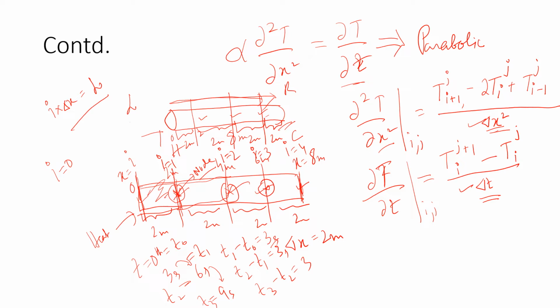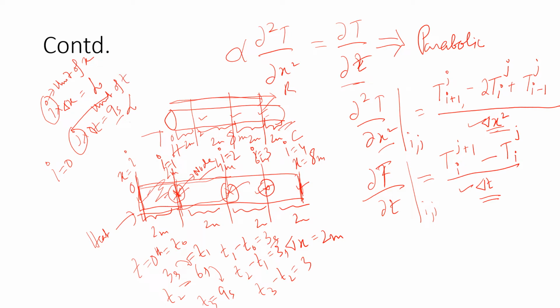Again, if I multiply j with del t, we will get the total time of our interest. This is 9 seconds, right? So if i is the index of x, then j is the index of t, right?